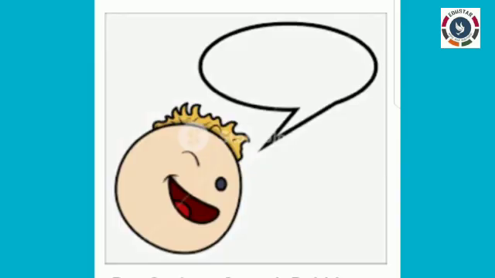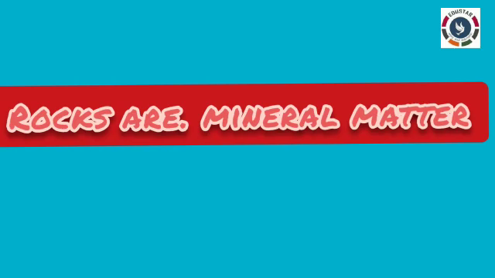With this, are the uses of rocks over? No, there are still some more uses of rocks. We have already studied that rocks are mineral matter. Rocks are made up of different mineral matter. Now we are going to see the definition of mineral matter.